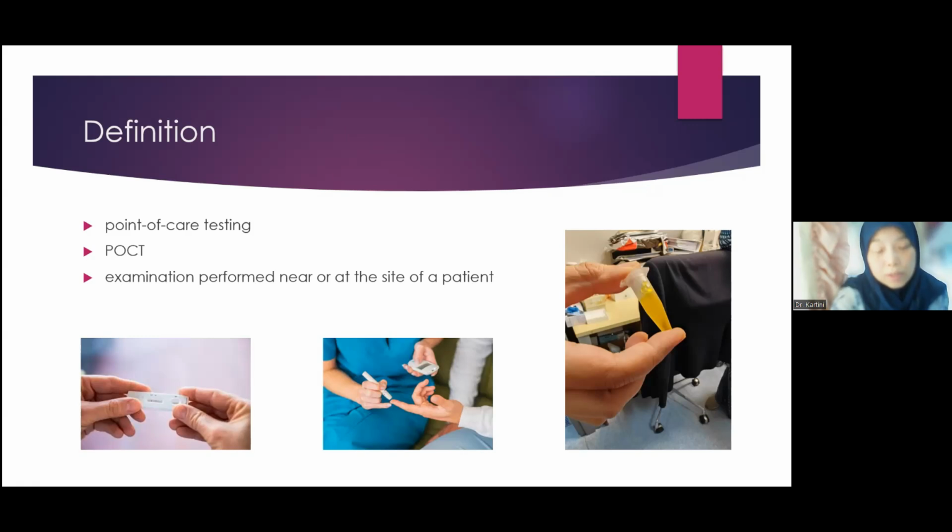So these kinds of tests, which are done at the site of a patient, can be a commercially available test, as you can see in the picture below, where you can have a line immunoassay on the bottom left picture, which can be a UPT test or any IgM, IgG serology tests such as dengue test kits, which can be done in emergency, or it can use an equipment such as your blood glucometer, so that's also another POCT, or it can also be an in-house test, which we have, as you can see on the far right picture, which is a rapid urease test that's done to detect H. pylori from biopsy samples.